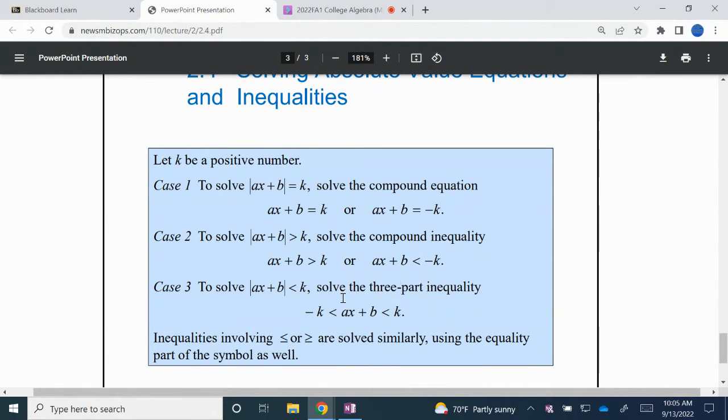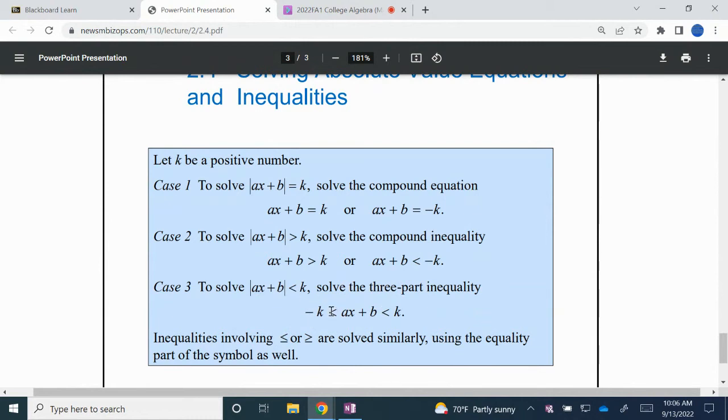Right? And then for our last one, we have the absolute value of ax plus b is less than k. Right? And we change the sign on our value for k. We drop the absolute value bars and we bring down the less than inequality.